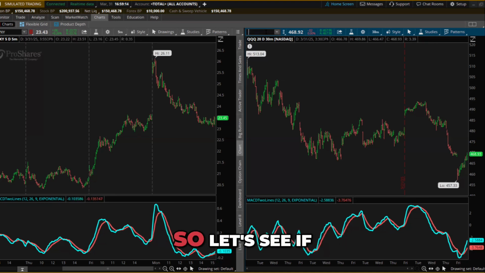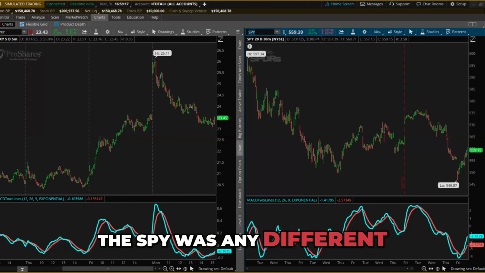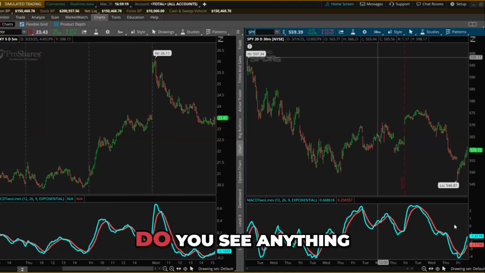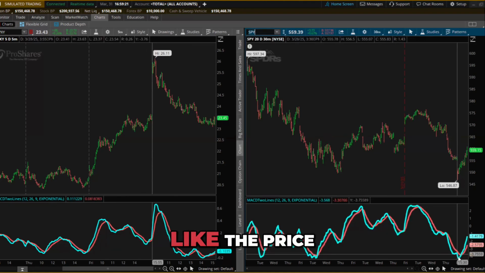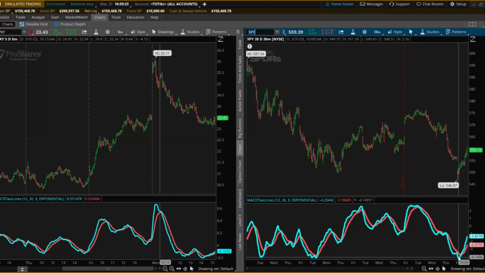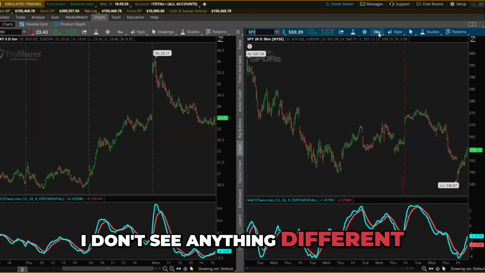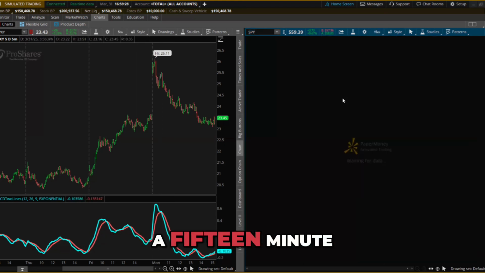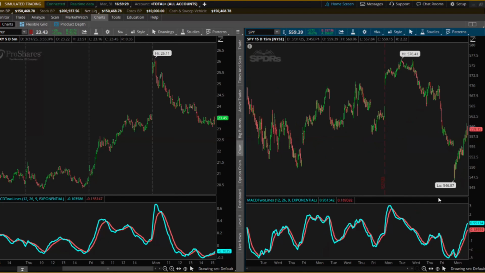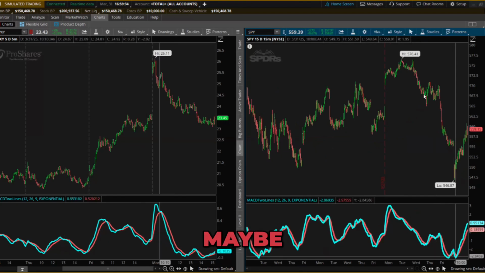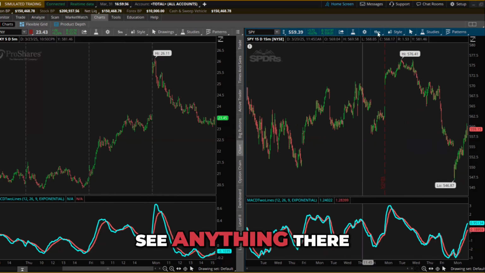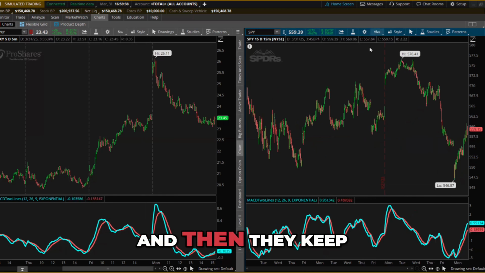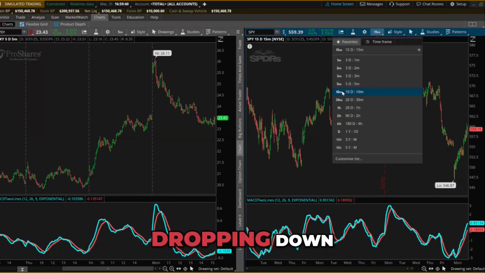So, let's see if the SPY was any different. Do you guys see anything different down here? Like the price? No, I don't see anything different. See, 15-minute. No, it's a little better than the Qs maybe, but I don't really see anything there. And then you keep dropping down.